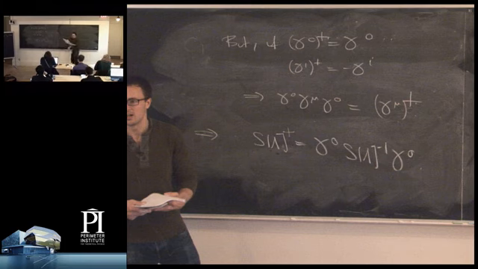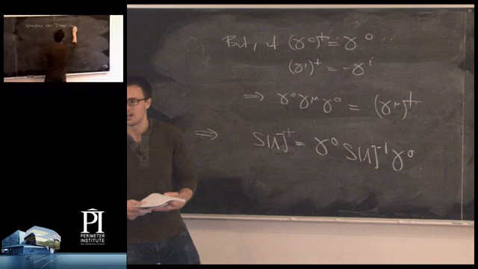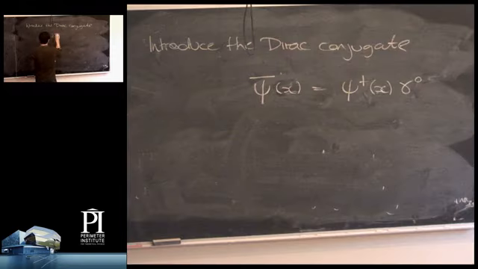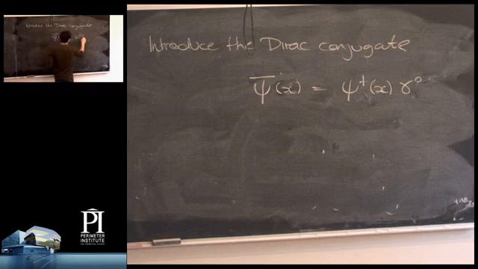So with this in mind, what we do is we introduce the Dirac conjugate. It's going to be denoted with a bar instead of a dagger, and it's the same as the dagger, but you multiply by gamma 0.